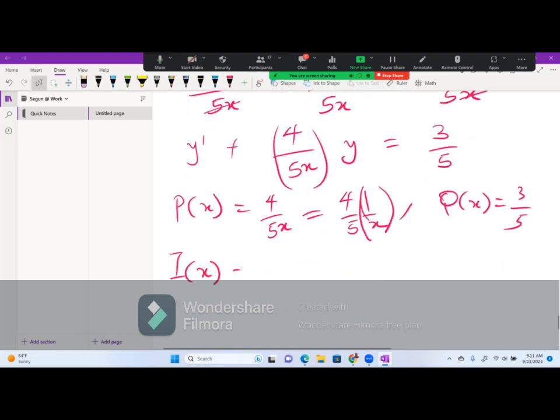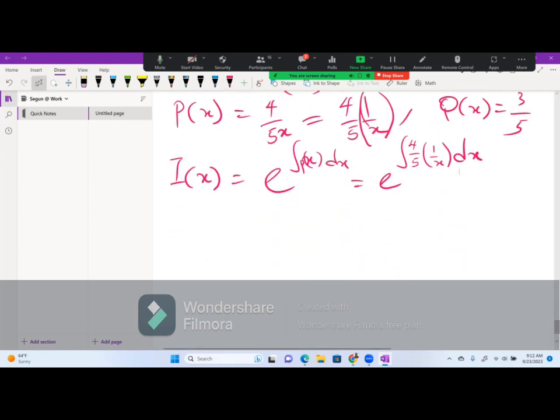Let's quickly find our I of x. Our I of x will be the exponential of the integral of P of x dx. Remember, what is my exponential? The exponential of the integral of 4 over 5 times 1 over x dx. To make my work smoother, I can take my 4 over 5 out and deal with my 1 over x alone.